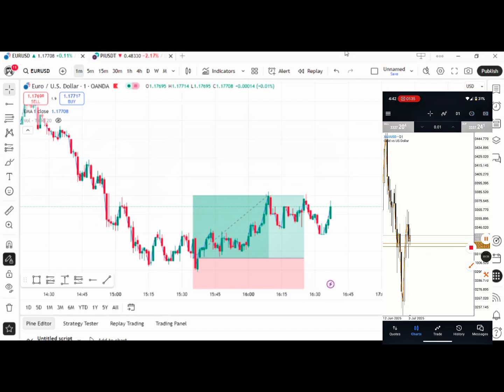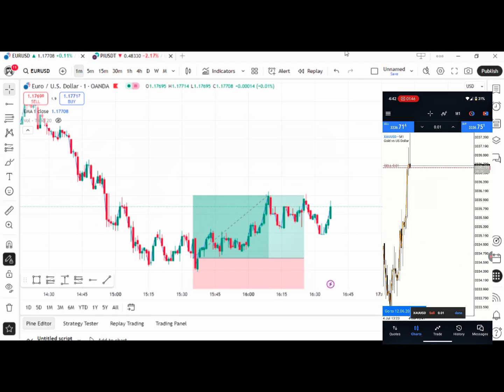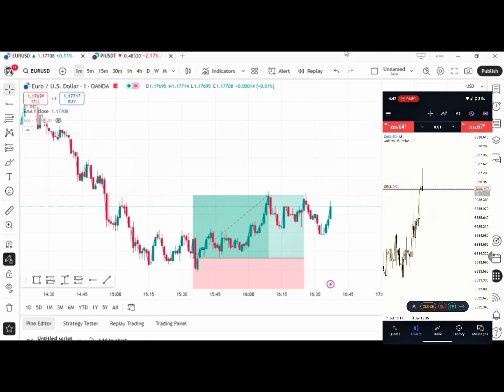As you can see, we have the buy and the sell buttons. If we execute a sell trade right now, like I was talking about stop loss, you just tap on the trade, then tap on stop loss, and then you drag it to your desired points.